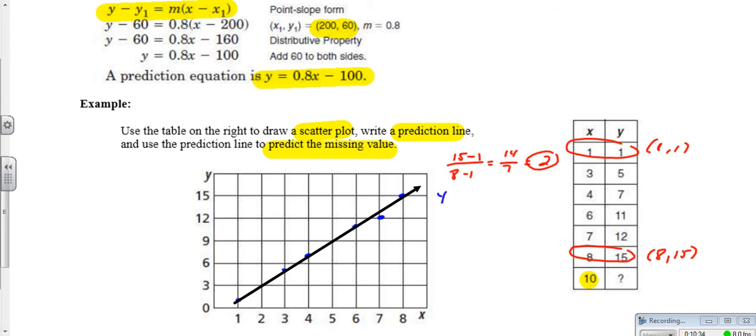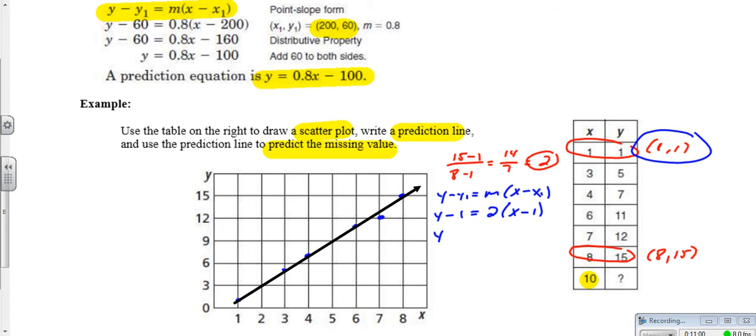Now we go to our point slope method. And we go y minus y1 equals our slope, in parentheses x minus x1. So y minus y1, and we can pick one. I want to pick this one because that looks like it has numbers that are easy to use. So I put a 1 in. The slope is 2, and x minus the x value, which is 1.